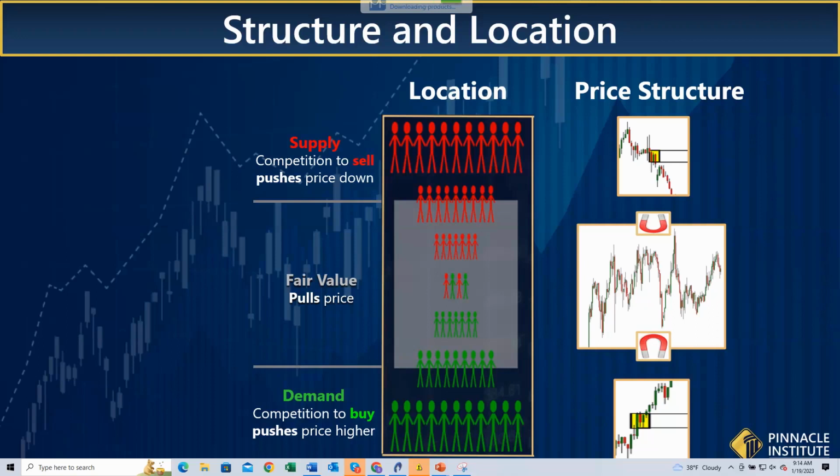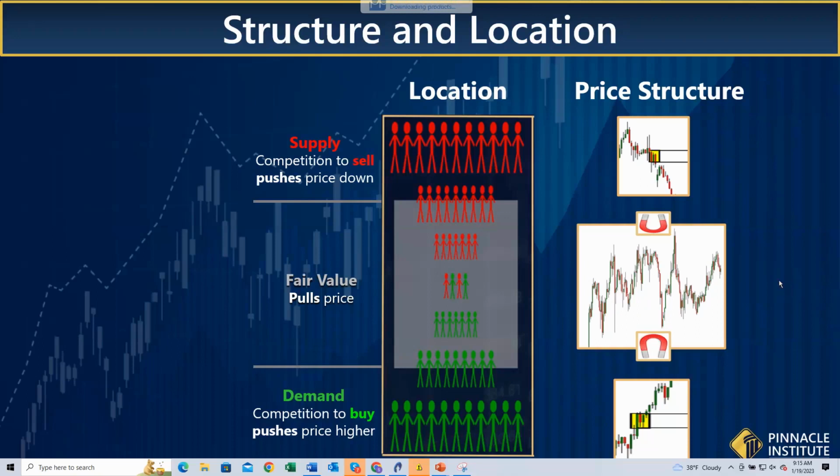So the only reason why you would have what looks like a supply or demand zone that doesn't work is because it's in the wrong location. Specifically, it's inside fair value. Our rules at the Pinnacle Institute say we do not trade supply demand zones inside fair value, specifically near the middle of fair value especially, do not qualify. Does that make sense?